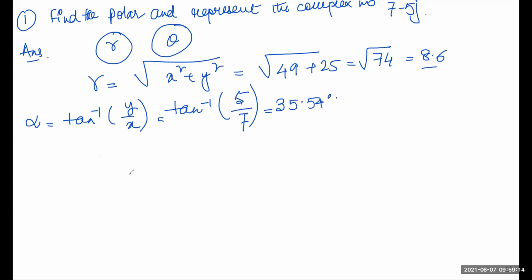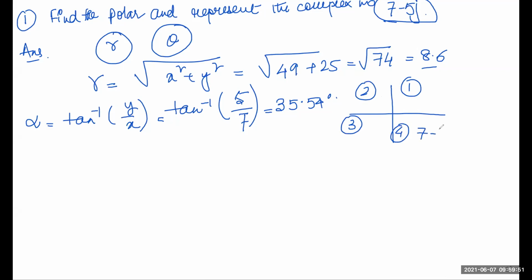Now, if you are aware of the quadrant, this particular complex number 7 minus 5j actually lies in the fourth quadrant. Let me tell you. If we draw the quadrants like this, this is quadrant 1, this is 2, this is 3, this is 4.